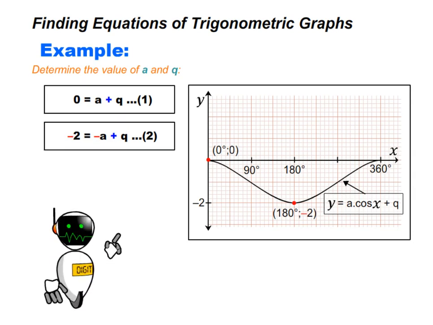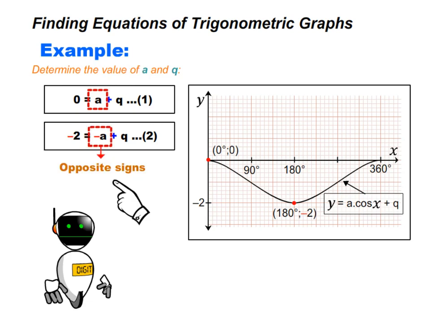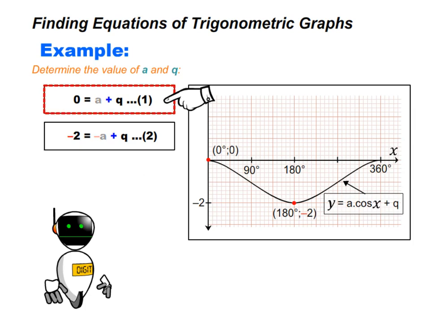Show us how we do that. Everyone listen. Look at this a and look at this negative a. They have opposite signs. If we add them together, the a will disappear. So let us add equation 1 with equation 2.